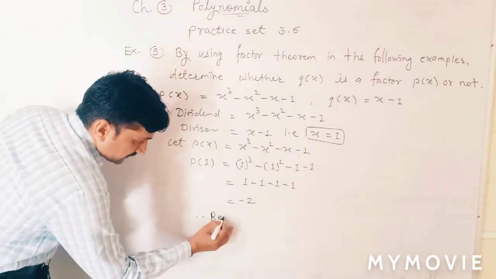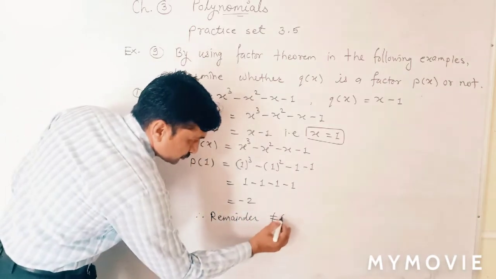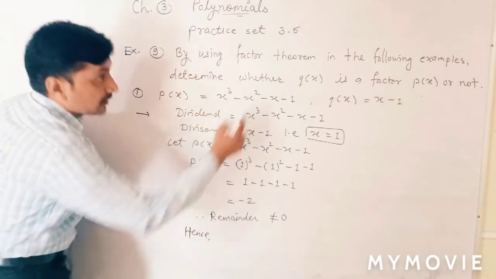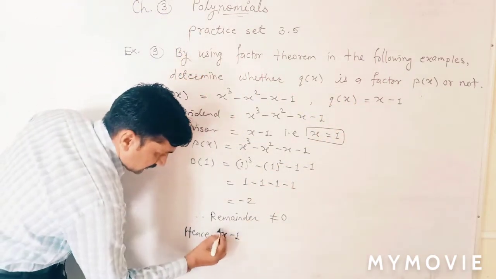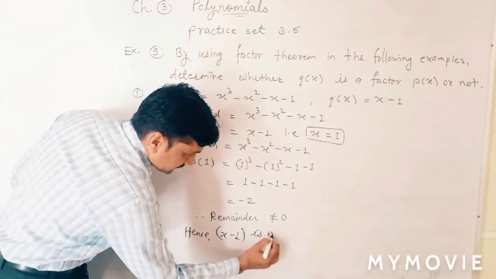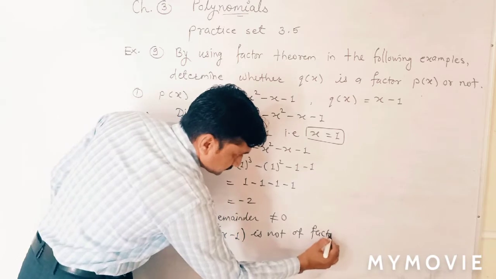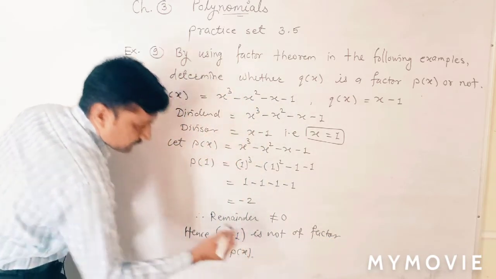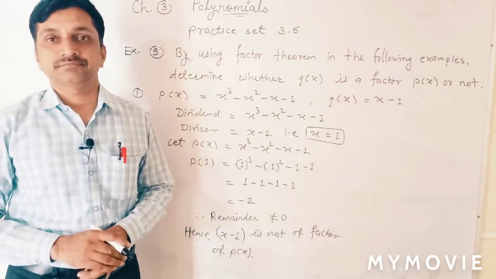Therefore the remainder is not equal to 0, and hence x minus 1 is not a factor of p of x. If we get remainder 0, then that is the factor.